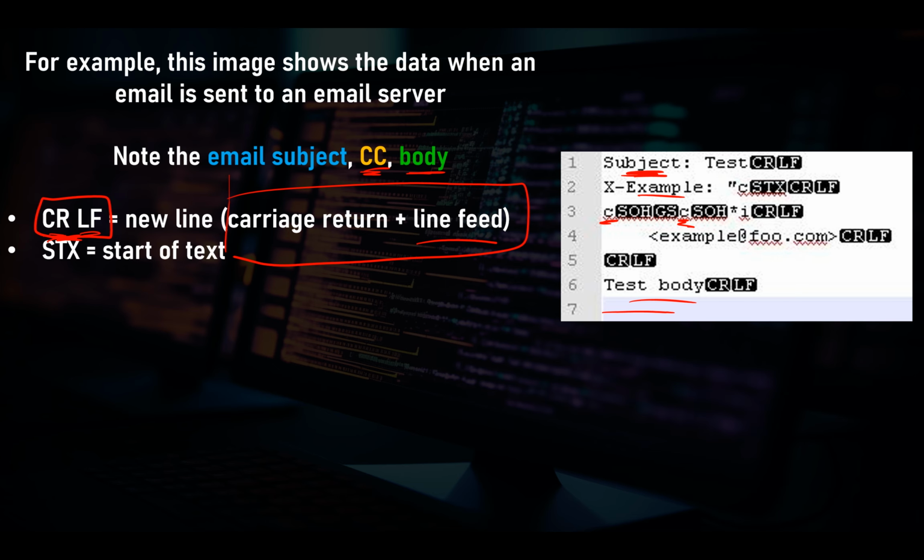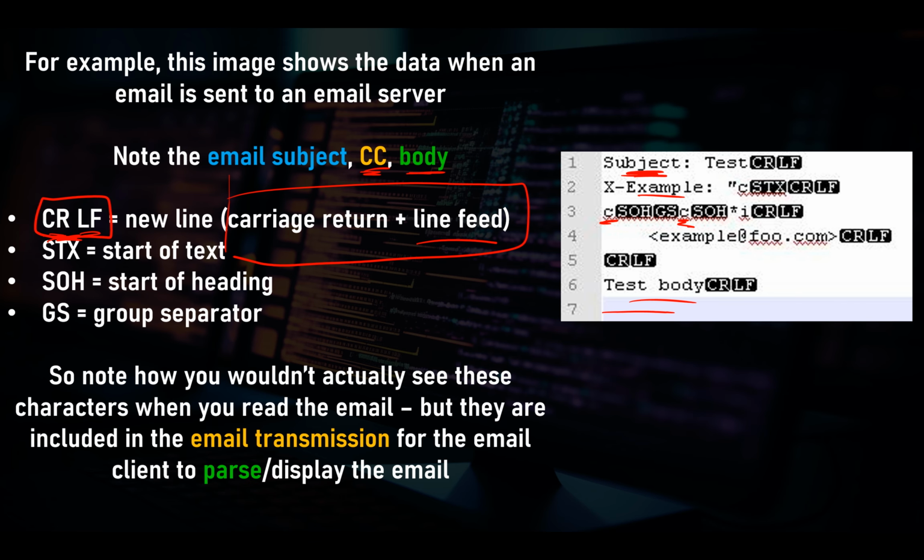I guess STX, the start of text, then SOH, the start of heading, something called GS, group separator, and to be honest, these are not really used. Or I suppose, when I say not used, I mean not common for normal occurrences in programming.